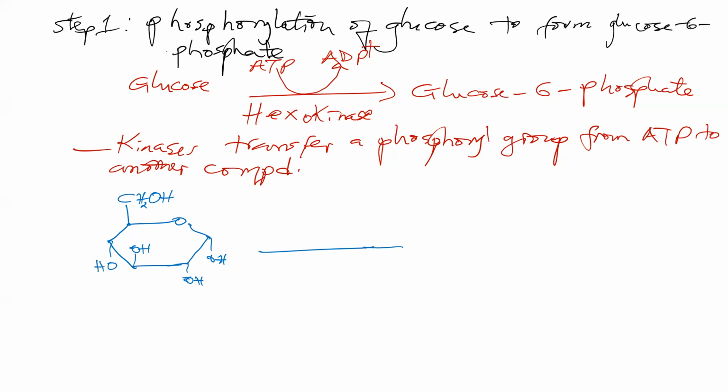And then we are putting in ATP and getting ATP plus, under the catalysis of hexokinase. And then we are getting glucose 6-phosphate. So the sixth carbon is the one which is phosphorylated.